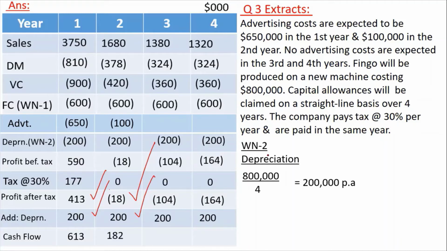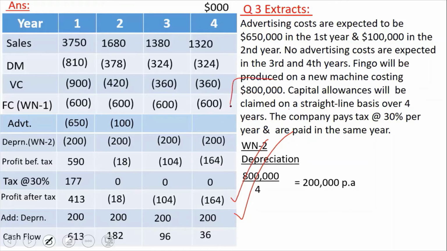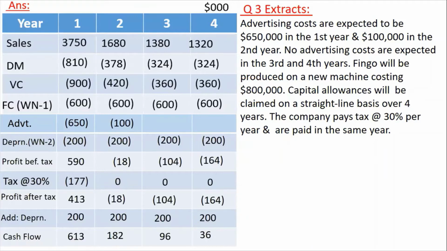So we get 182. And for year 3, we have negative 104 plus 200, that's 96. And for year 4, it is negative 164 plus 200. And the amount comes to 36. So we have the cash flows of all the 4 years, and the cash outflow for year 0 is 800,000.